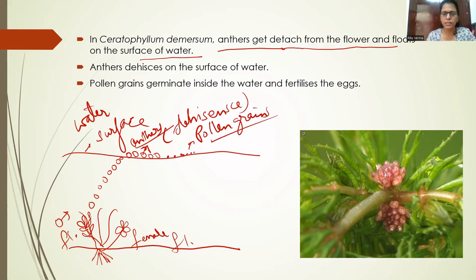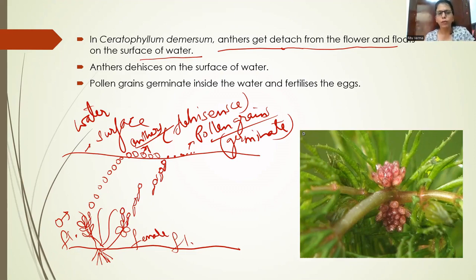Now these pollen grains germinate on the surface of water. After they germinate, they sink down inside the water and move to the female flower, and finally sit on the stigma.